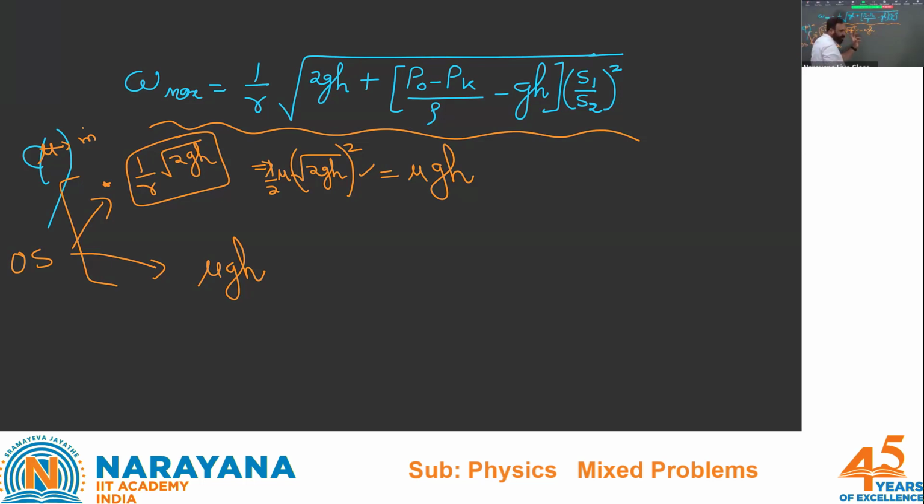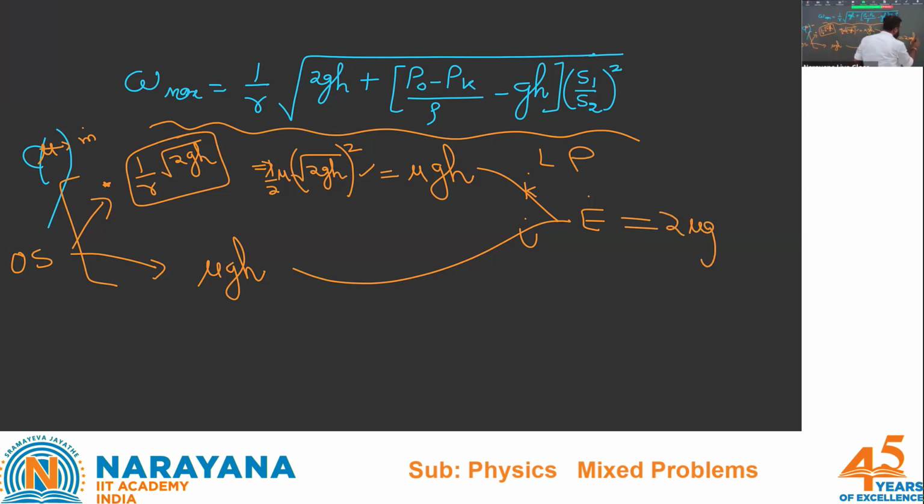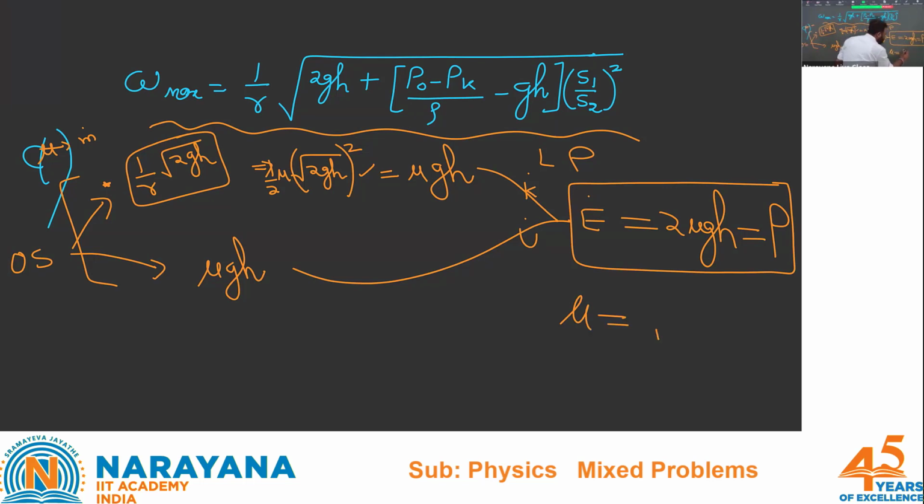But because of omega, I will have at least this much, and that omega also I have taken up as the least possible value. So my least possible potential energy and kinetic energy per unit time, this is K dot, this is U dot, so E dot, least possible, that becomes 2 mu GH. And if that is made equal to the power of the engine available, the mass per unit time mu is P upon 2GH. That should be the answer.